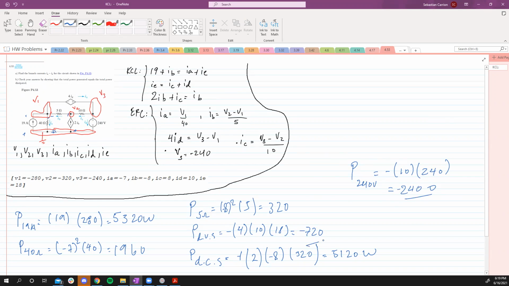So we add our negatives up. Which other one is negative? Oh, this one here, right? The sum of these is 720 plus 5120 plus 2400.